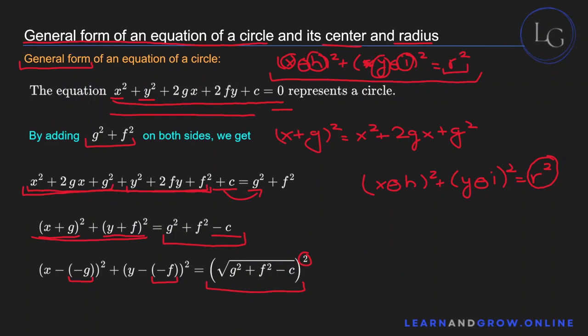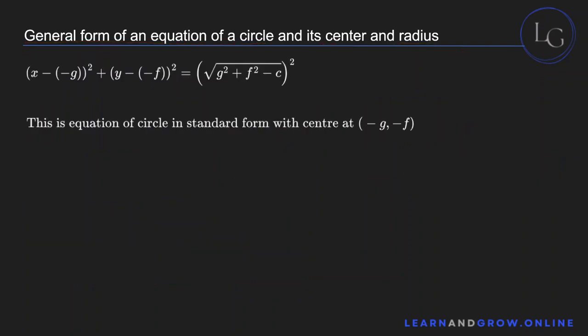Now you have this, and from this, if you remember the general equation, which was this, right? This h corresponds to this −g, and this k corresponds to this −f, and this r corresponds to this √(g² + f² − c), right?